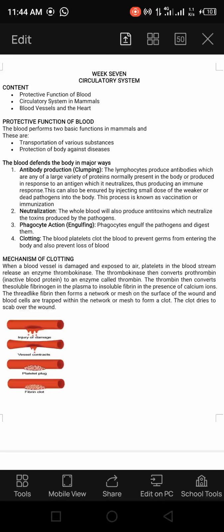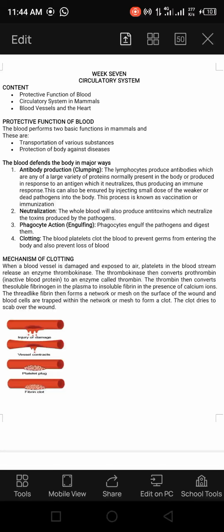Another way to protect our body against disease is neutralization. Now, the whole blood produces antitoxins, which neutralize toxins produced by pathogens. As soon as pathogens find their way into our body system, in our blood, the blood recognizes these pathogens.